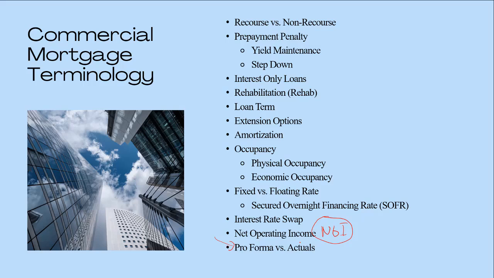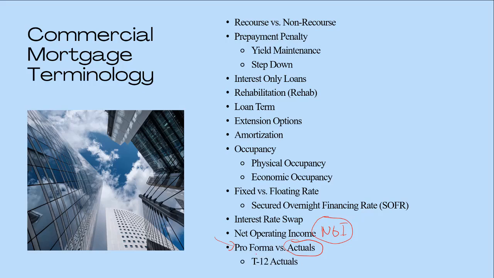The actuals are just what actually in its current state the property is generating. Okay, so pro forma is typically going to be a forward projection. It's like a future hypothetical of what's going to happen. The actuals are what has actually happened, so it's more of a looking back kind of thing.